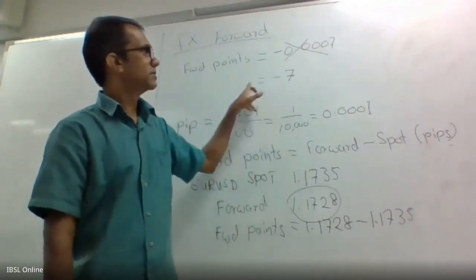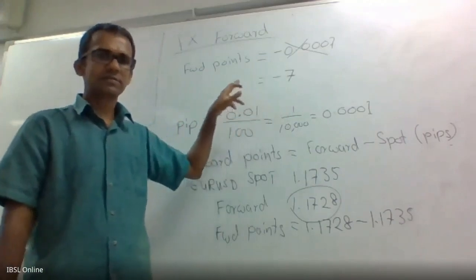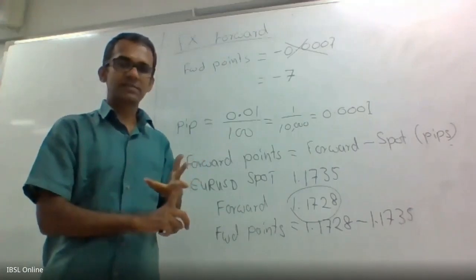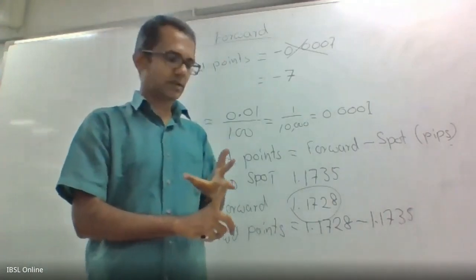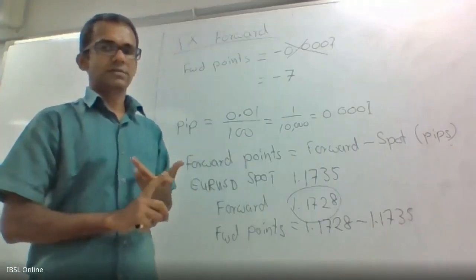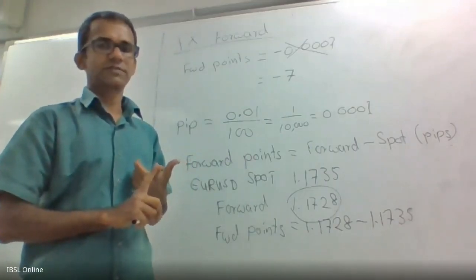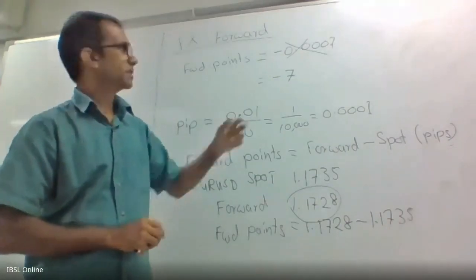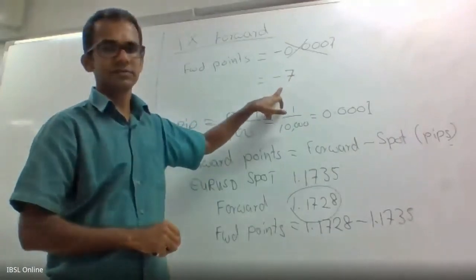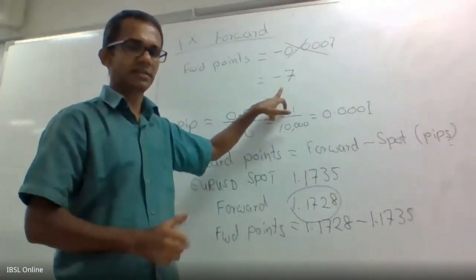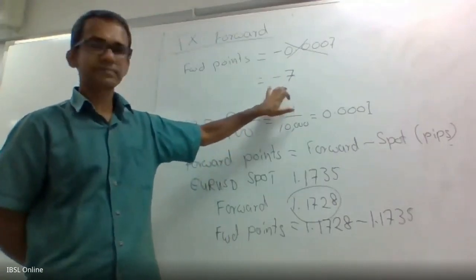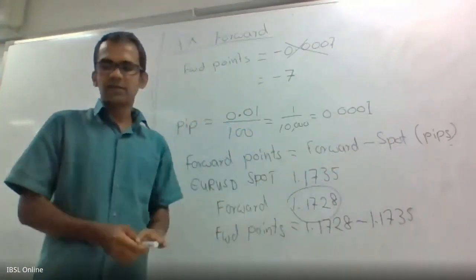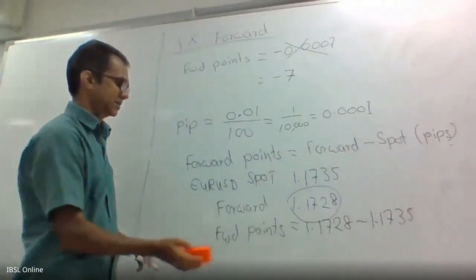When you see negative forward points, you can tell about the interest rate differential, whether the base currency is at a premium or discount, and interest rate of which currency is high or which currency is low. So when the forward points are negative, base currency interest rate is higher than the interest rate of the counter currency. So therefore forward rate is smaller than the spot rate. That means base currency is at a discount.